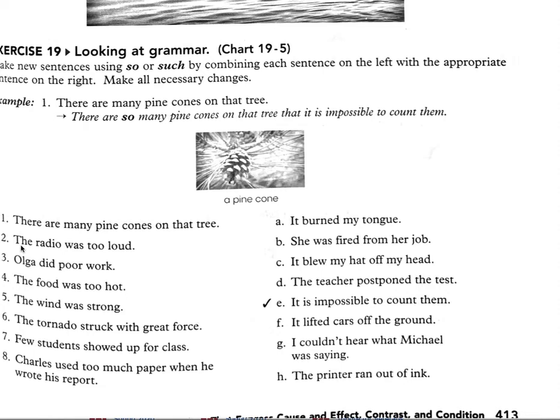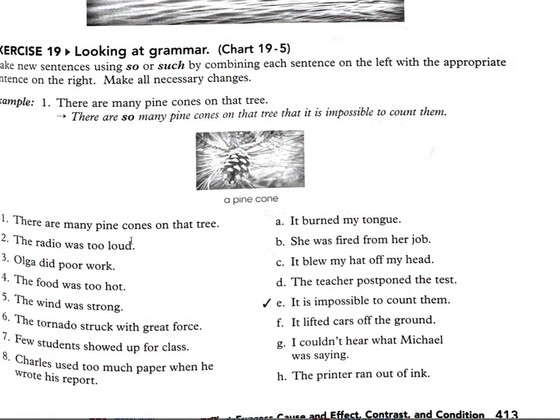Okay, let's look at number 2. The radio was too loud. So we have to find a sentence from here to combine it with this. Now we also have to use so or such. So here we're going to eliminate 2, and we're going to look at this.